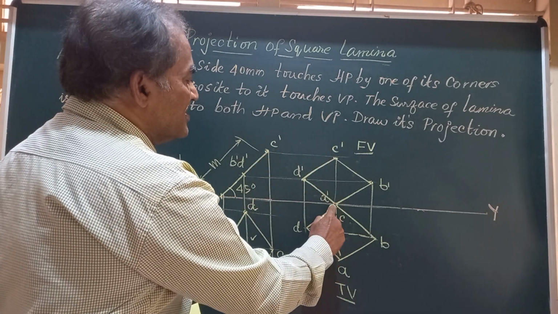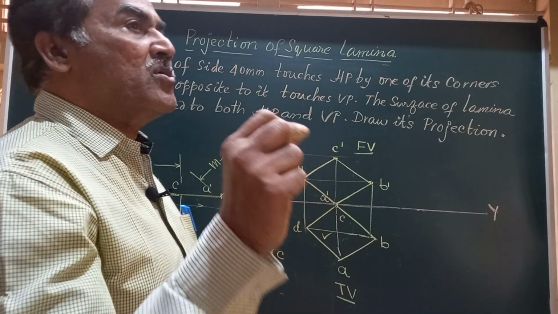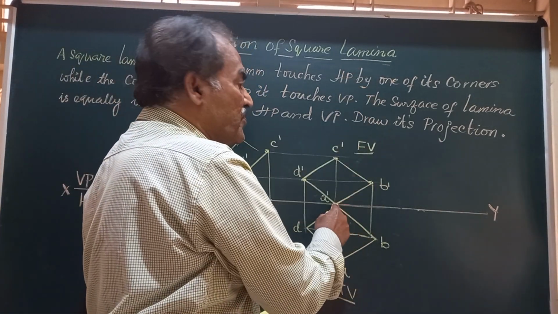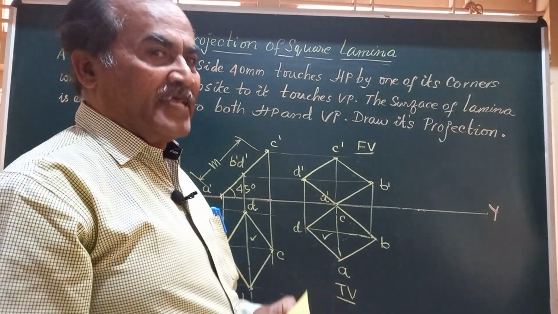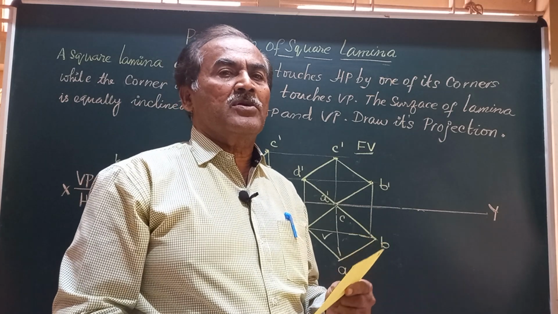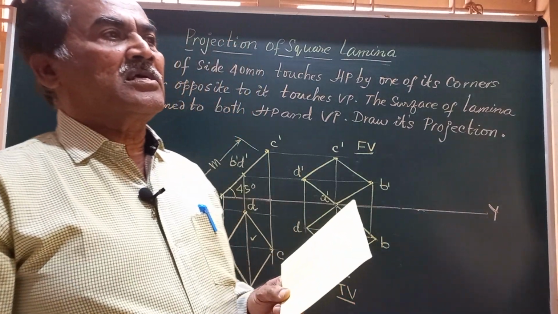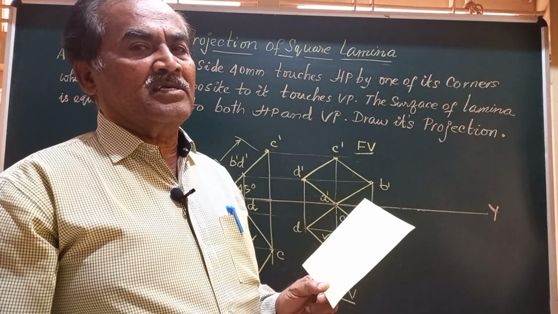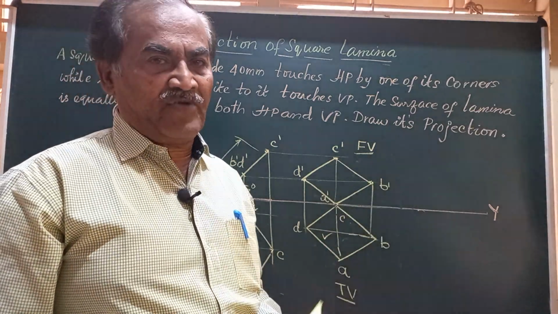So C is touching the vertical plane, because whenever you have a point on the vertical plane, it is seen in its top view on the XY. And hence, the solution you have got for this problem, where the lamina is touching the VP and HP by the opposite corners, is completely satisfied.